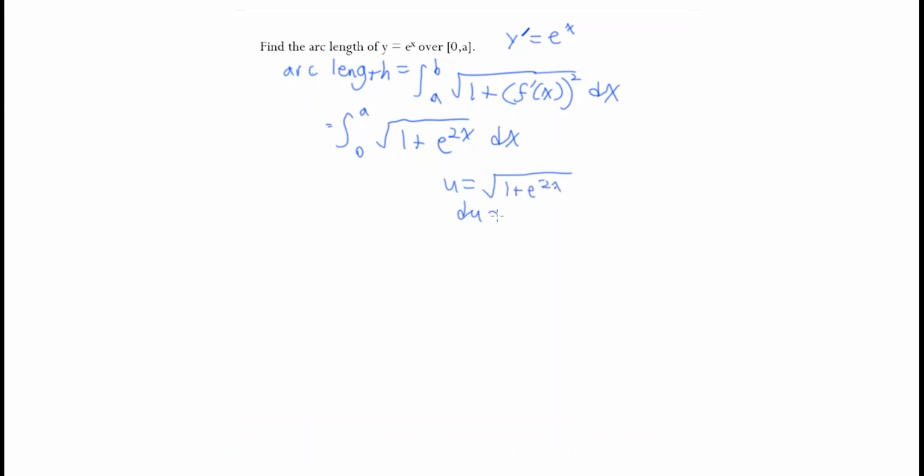And then du is equal to, we find the derivative of u, which is 1/2 of 1 plus e to the 2x to the negative 1/2, because u can also be written like this, because the square root can be written as the power of 1/2. So what we're doing here is multiplying the front by 1/2 as the derivative rule states, and then subtracting 1, which gives us negative 1/2.